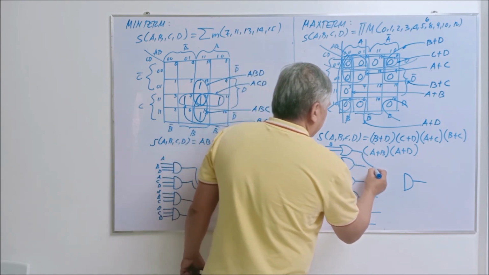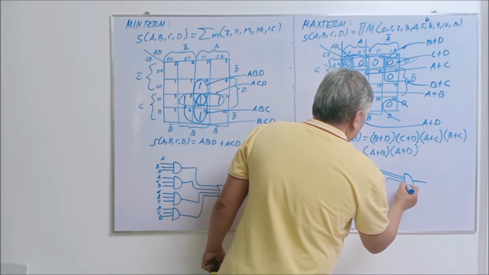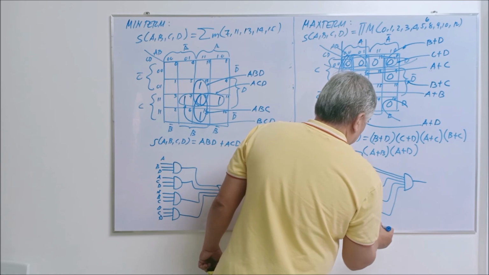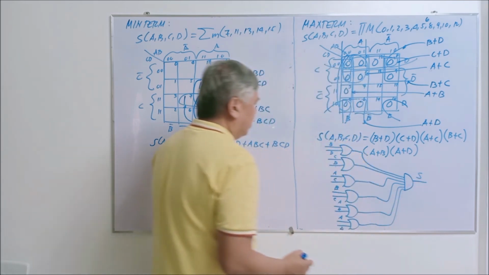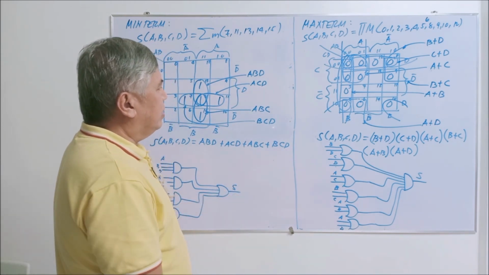Then, we multiply them together using an AND gate. This will be your S as a function of A, B, C, and D.